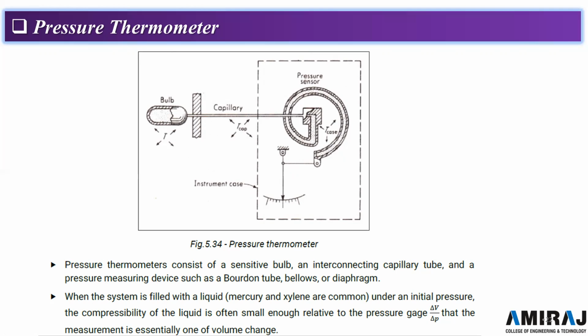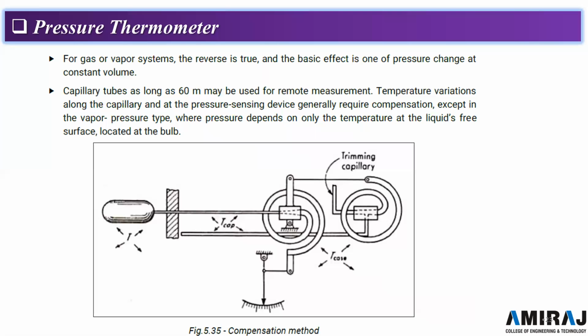When the system is filled with a liquid such as mercury or xylene, commonly used under an initial pressure, the compressibility of the liquid is often small enough relative to the pressure gauge, delta V upon delta P, that the movement is essentially one of volume change. For a gas or vapor measurement system, the reverse is true, and the basic effect is one of pressure change at constant volume.